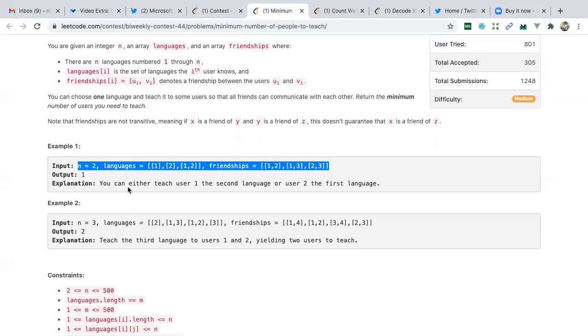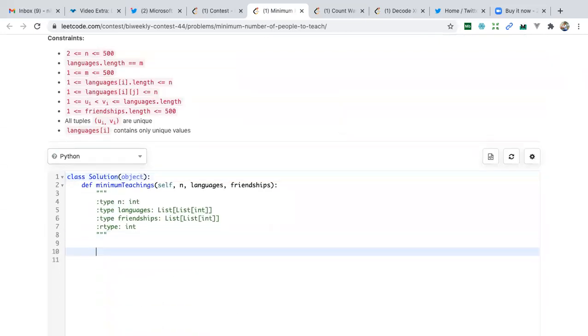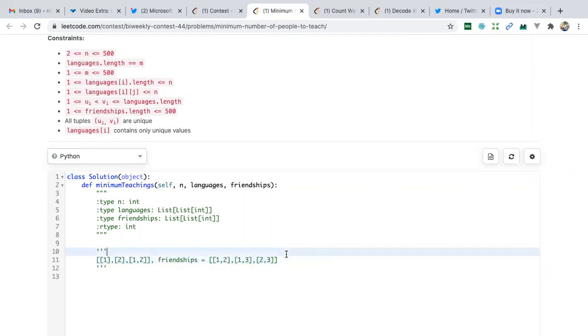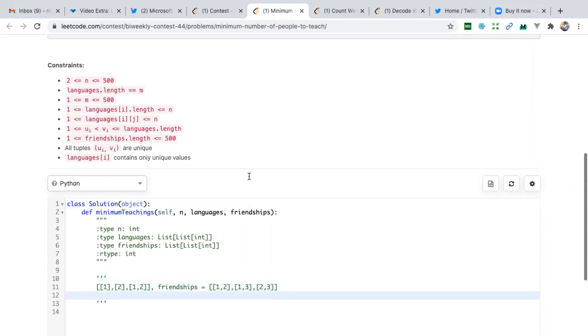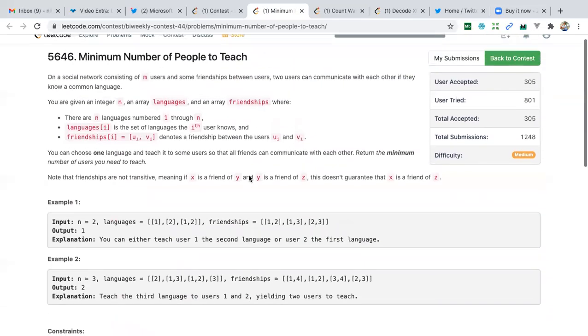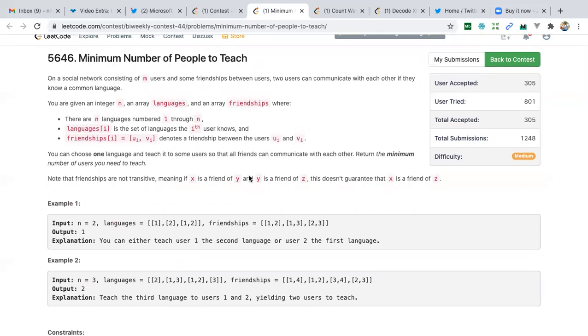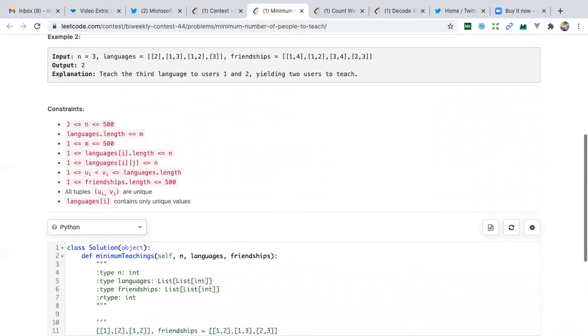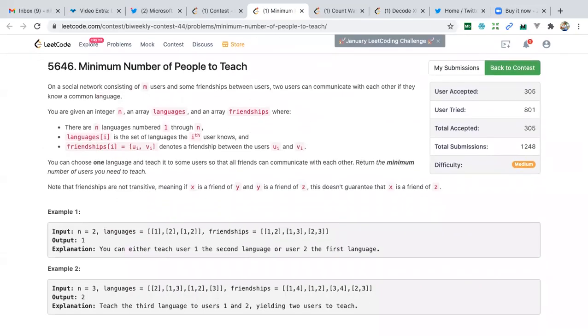And this is the array of languages, right? Yes. So we have languages 1 and 2, not 0.